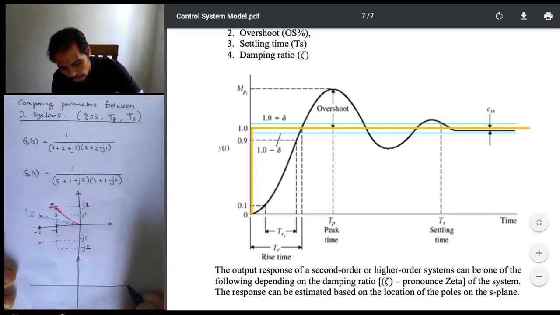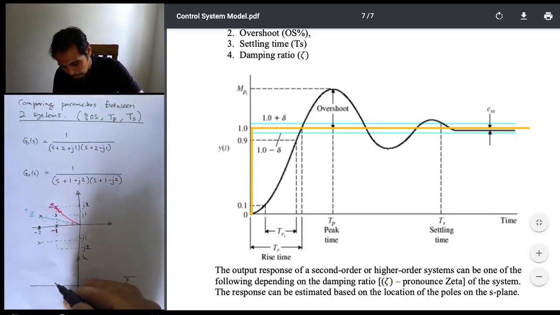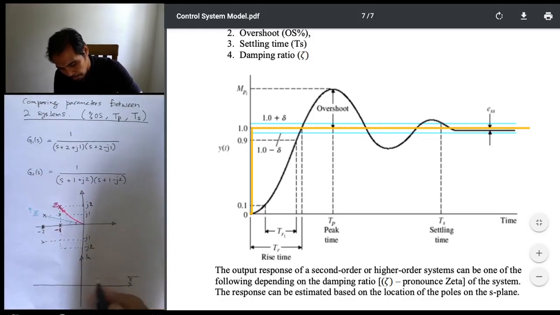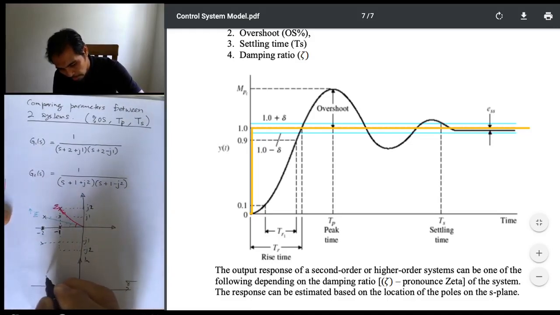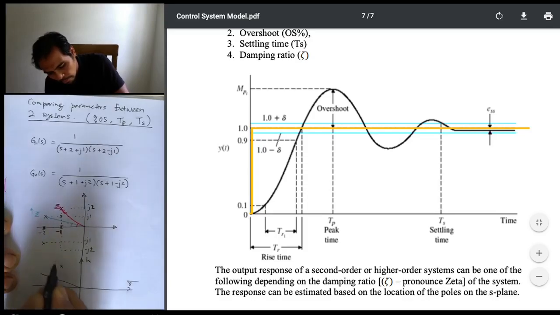I'll just draw again here. System 1 here, system 2 here. This is G1, this is G2.